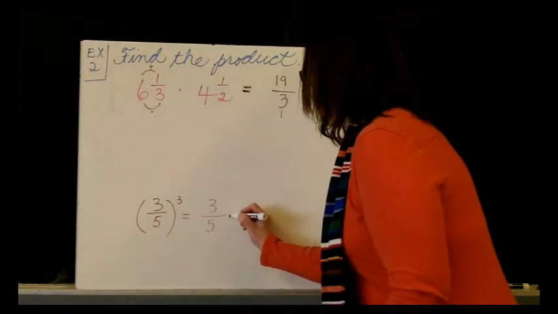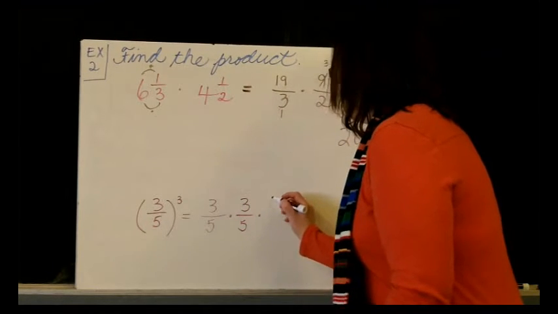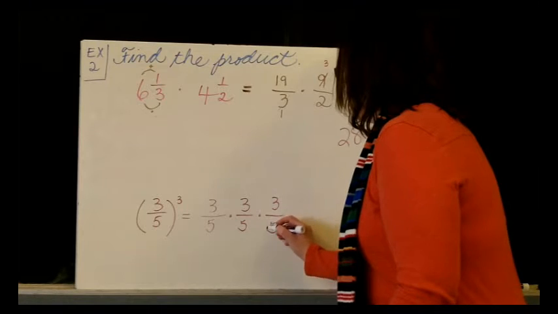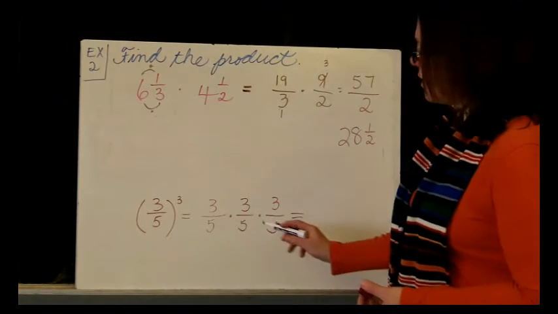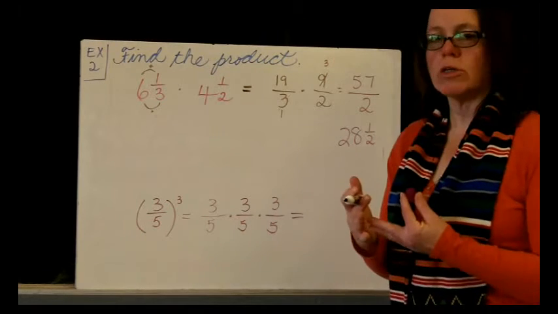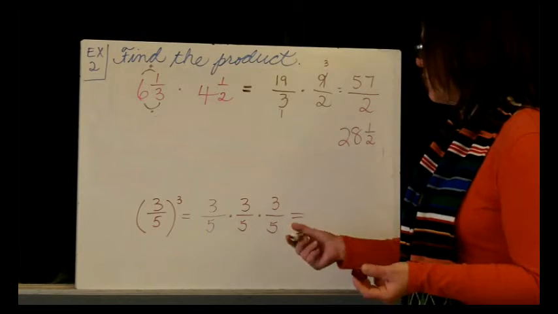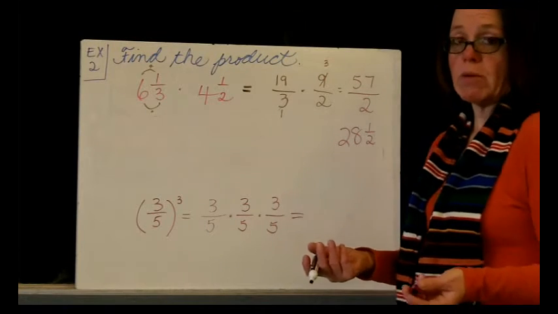So I'm going to write out my expression. And as you can see, anytime we look diagonally to see if we can cross simplify, we can't. We always have a 3 and a 5, so those are prime numbers.